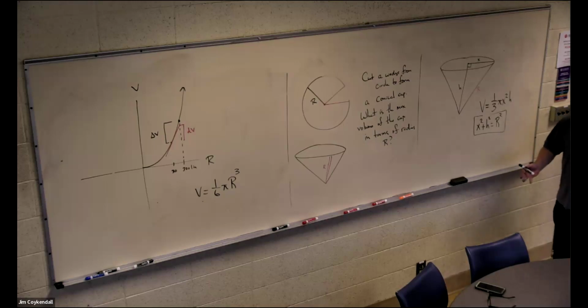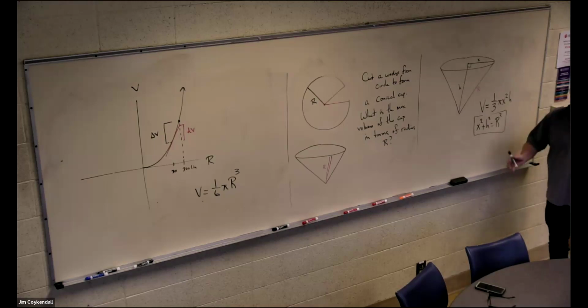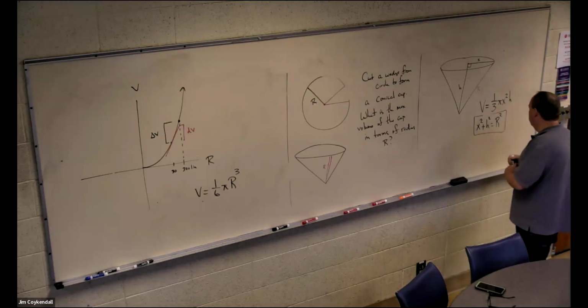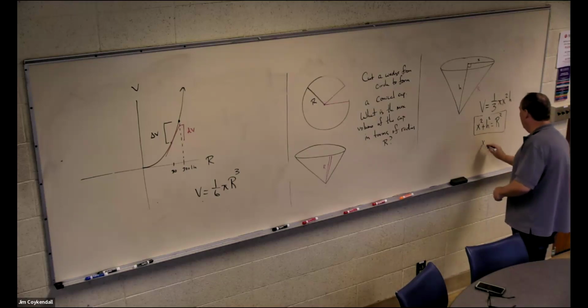As a challenge to you, when you go home, do it both ways. In fact, if you're trying to get good at this, get in good physical shape to do these kinds of problems, do it both ways. You can do this with h, but it might make you cuss a little bit because you'll have some square roots when you take derivatives, which is obnoxious. So since x is only in there in the square form, I'm going to do that.